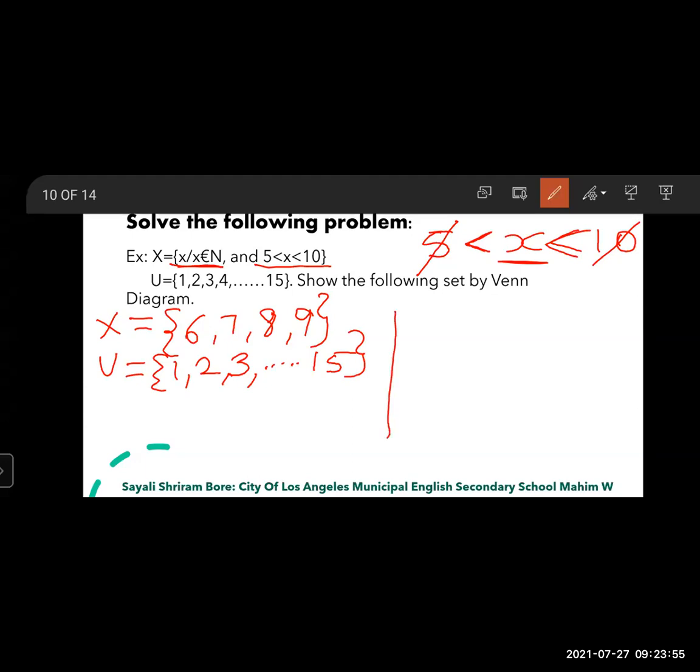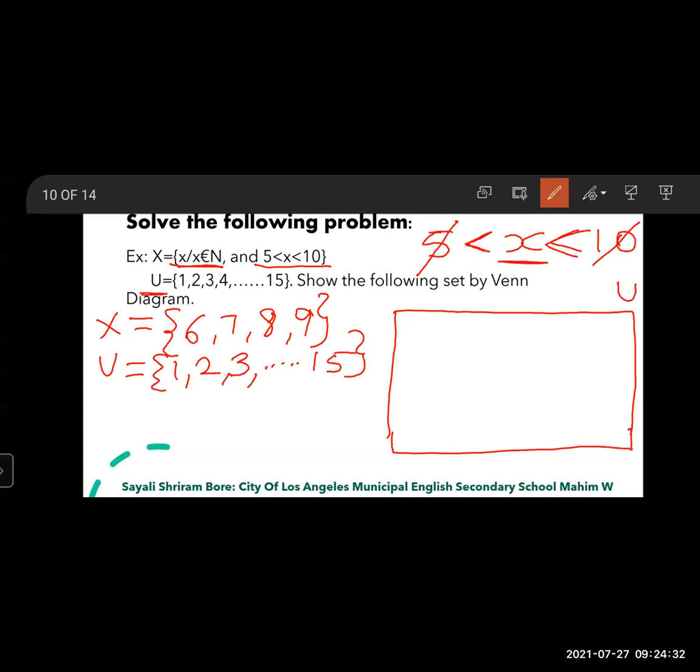First, draw the rectangle. Here write the name of the set U. After this, see students, whenever U is given, U means what? Universal set. When U is given, always use a rectangle and denote this U outside the rectangle.